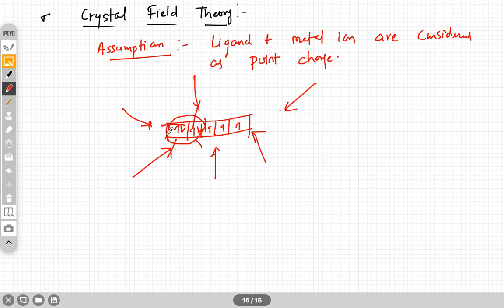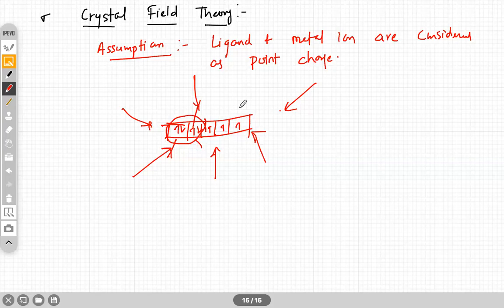It is possible that some orbitals have 1 electron, 2 electrons, or are vacant. Obviously the orbitals which have electrons experience more repulsion, and the orbitals which have no electrons experience less repulsion.